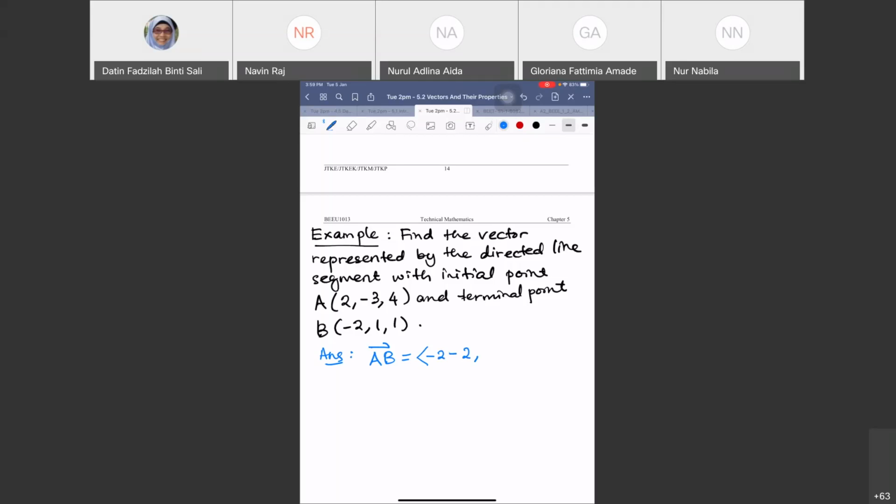For Y component, terminal is 1 minus initial is minus 3. For Z, terminal is 1 minus the initial is 4. So basically, you have your minus 4, 4, minus 3.